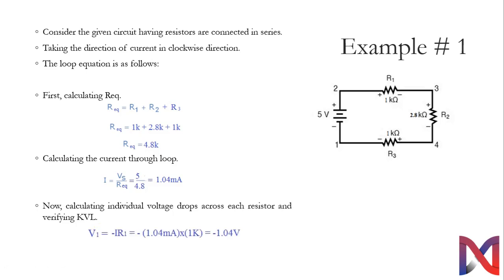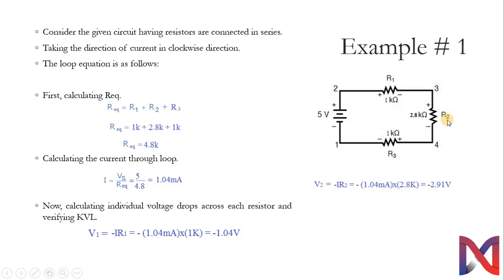So V1 will be equal to minus IR1. So we have minus 1.04 milliampere multiplied by 1 kilo ohm. So we have minus 1.04 volts as voltage drop at R1. We calculate V2 or VR2. So we have minus 1.04 milliampere multiplied by 2.8 kilo ohms.